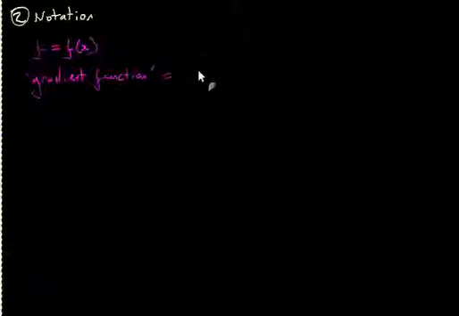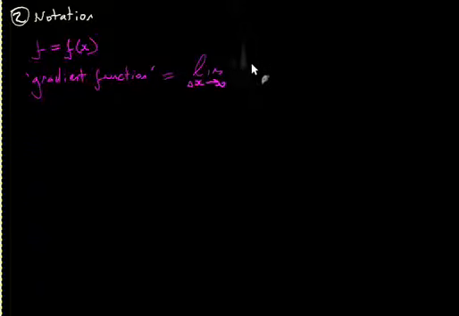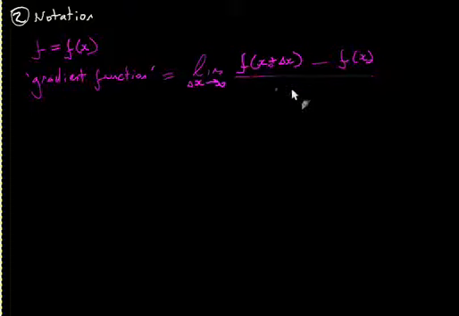is equal to the limit as delta x tends to naught of f of x plus delta x minus f of x naught all over delta x, and this is evaluated at some point x naught.